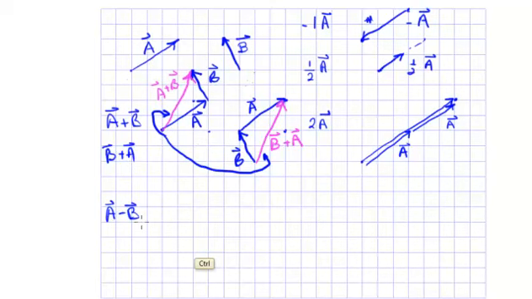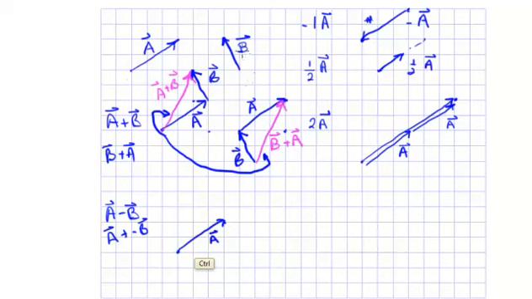Okay, so how do I interpret A minus B? Well, it's not difficult. You begin by drawing the A vector over 3 up 2. There's the A vector. Now, what I'm going to do is interpret this as A plus minus B. And so what's minus B?